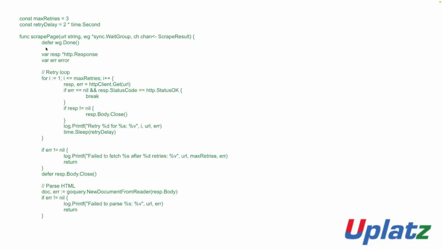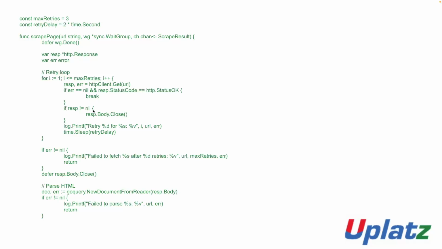This one we have known: defer wg.Done(), then a *http.Response and an error. In the retry loop, from 1 to maxTries, which is 3, we try. If err is equal to nil, or the status code is http.StatusOK, then break.